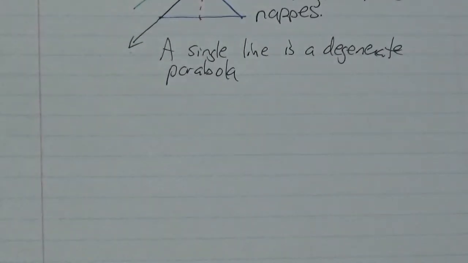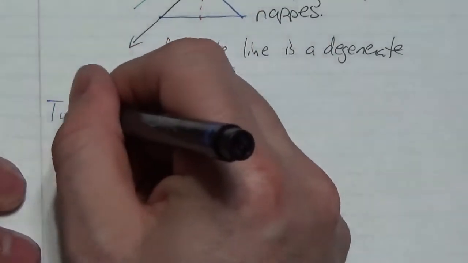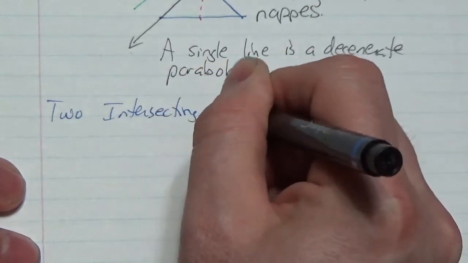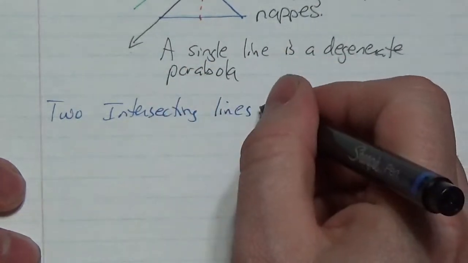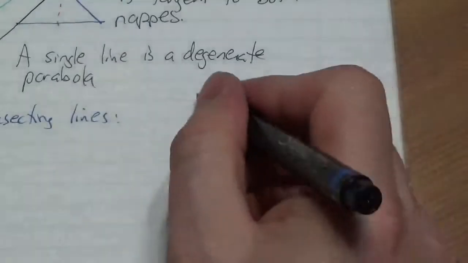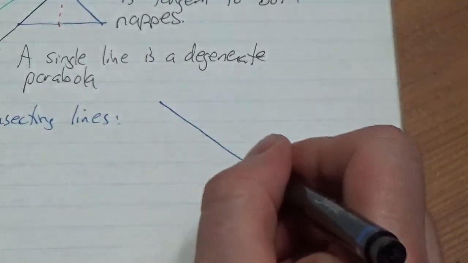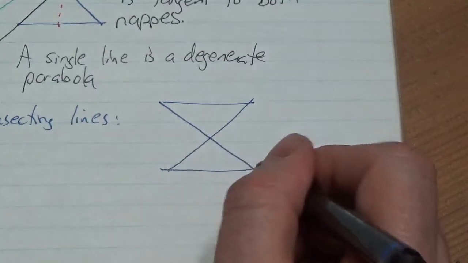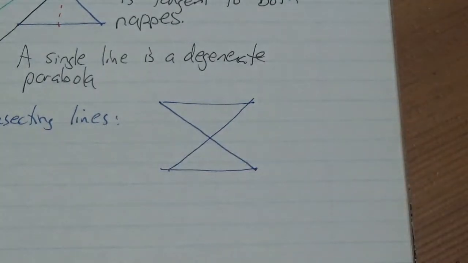Okay, now there is another situation we need to consider. We need to look at two intersecting lines. Okay, and again, we're going to take a look at the double nap cone from the side. But this one is a little different, because it's not going to be quite so obvious.